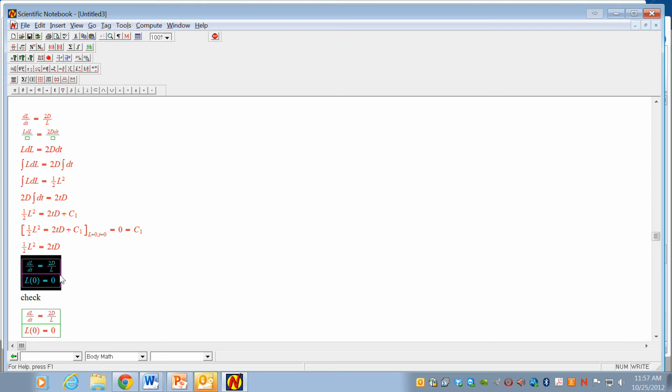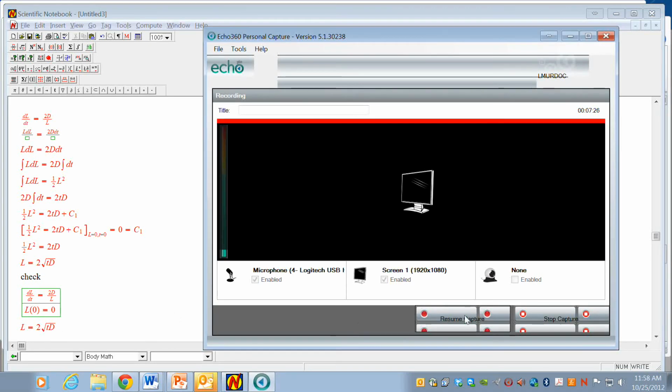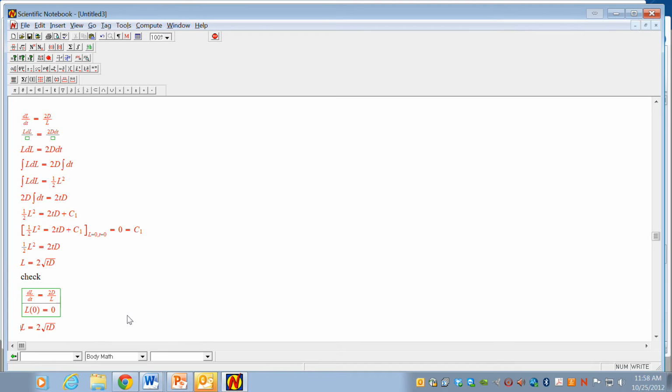Okay, well, Scientific Notebook only goes back one step. So let me just get the result here real quick. So that's the result. And let me copy this down here. We see that when time equals 0, L equals 0. So it satisfies the initial condition.